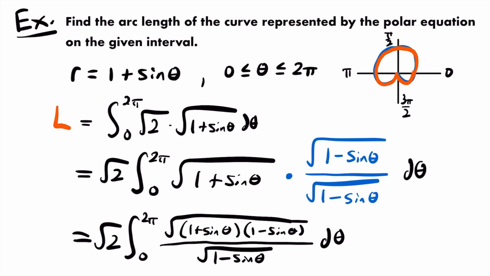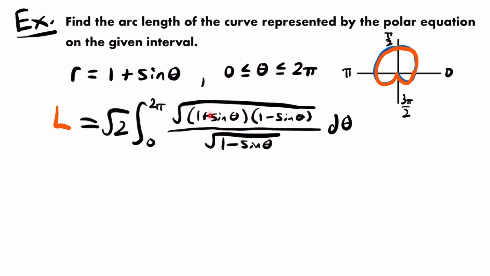All right, now the reason why this is helpful is that these two quantities right here, 1 plus sine theta and 1 minus sine theta, as I mentioned earlier, are the factors of a difference of squares, right? A difference of squares would be a squared minus b squared, and you can always factor a difference of squares by having a plus b times a minus b.